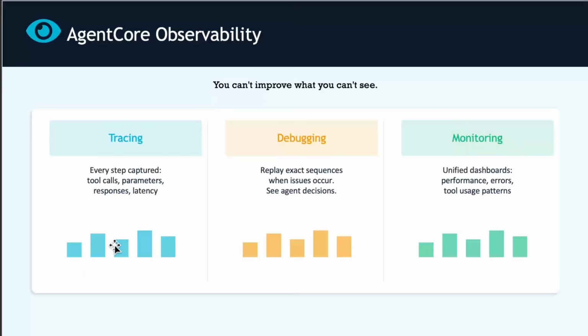Third is monitoring. It provides a unified monitoring dashboard showcasing performance based on latency, error rate, tool usage, and other metrics as well. And it's built on top of OpenTelemetry, the open standard, so it can be integrated with whatever monitoring tools you already have.